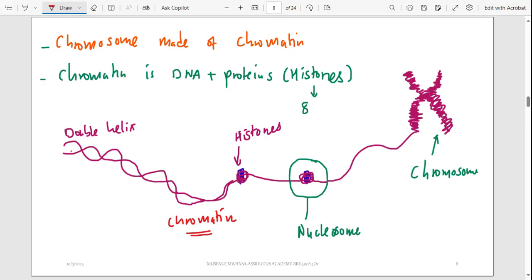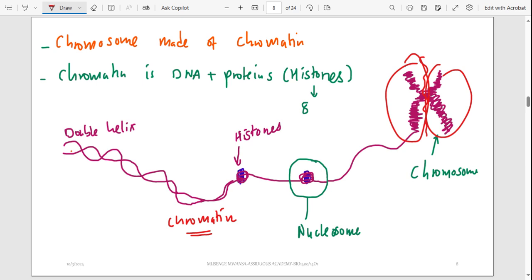Now, what happens when the chromatin condenses to form a chromosome? It is then going to split into two identical strands. This chromosome can split into identical strands, one this side, one this side, and those are called chromatids.